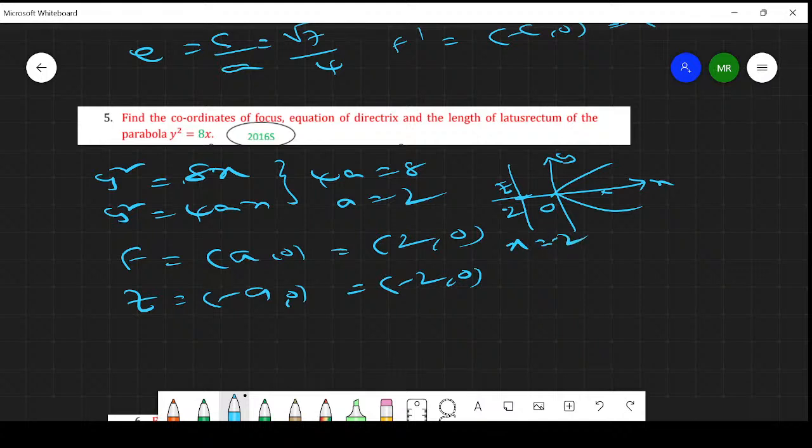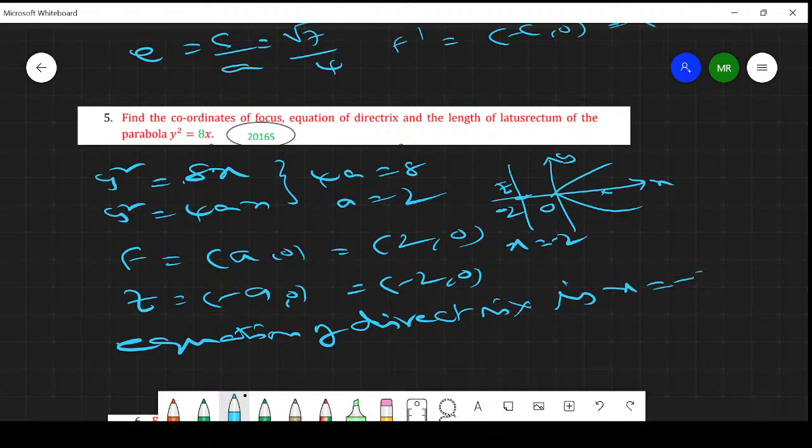Vertical line means the x value you should consider. The equation of directrix is x equal to minus 2.